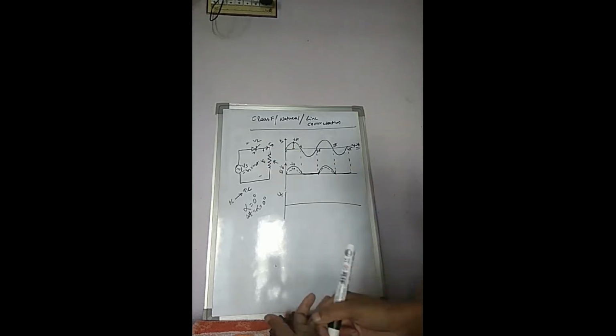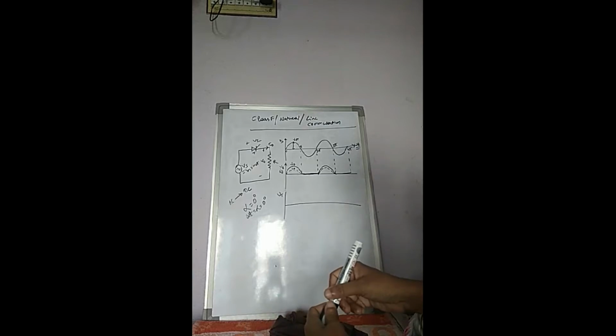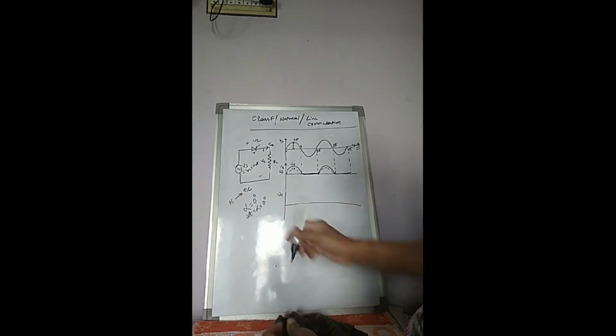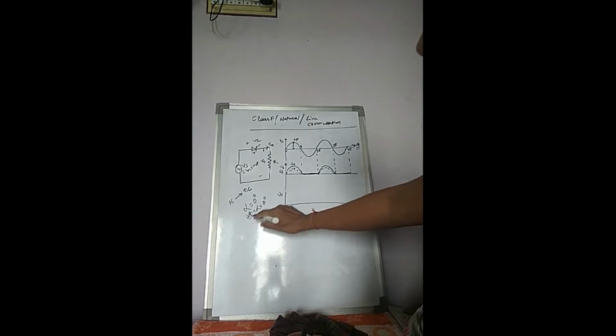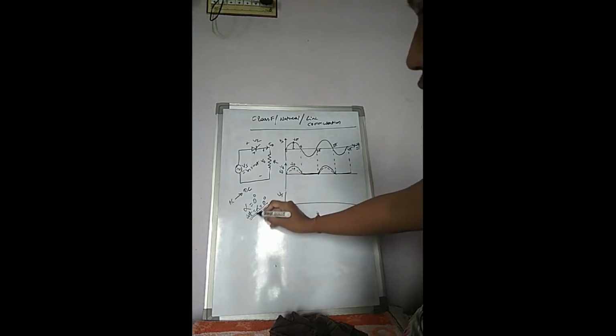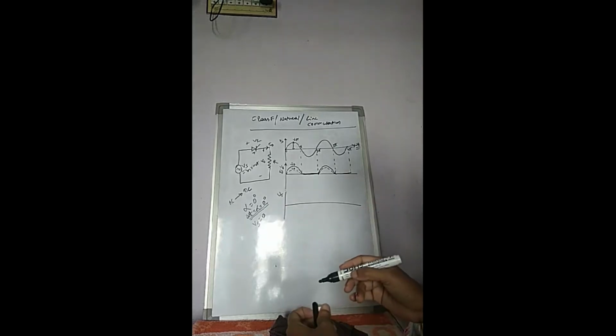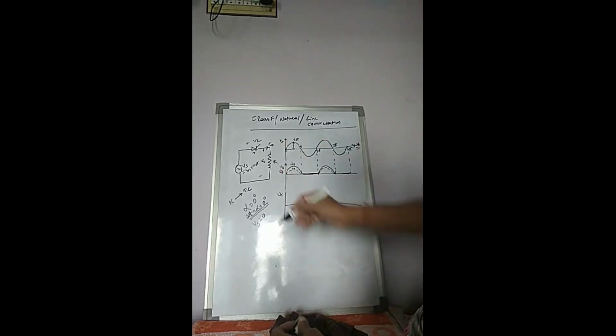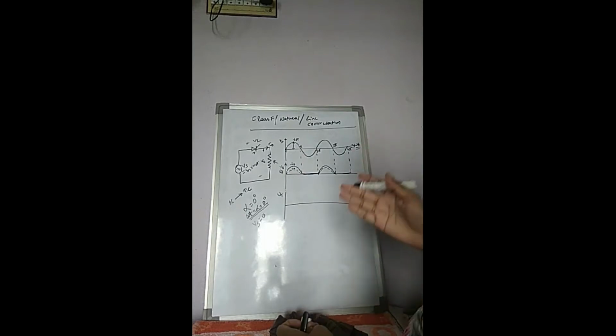So if this device turns on at 0 degree angle, then this behaves like a diode. When omega t is equal to 0 degree, at this point we give the gate pulse. So at this point Vs is equal to what? 0. So at omega t equal to 0 degree, Vs is equal to 0. Okay. So here the load is resistive in nature. So with 0 degree firing delay angle, the thyristor behaves like a diode.